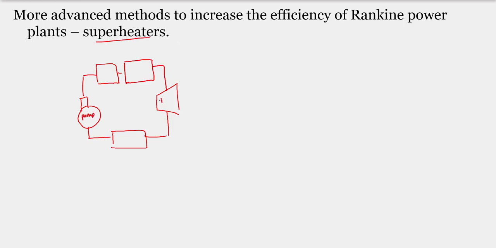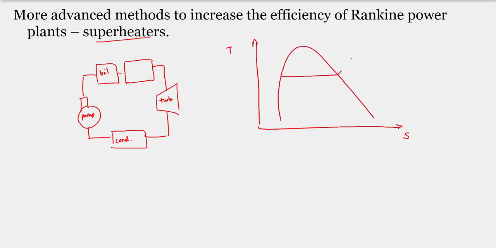Here's my pump, here's my turbine, here's my condenser, here's my boiler. On my basic temperature entropy diagram, we had 1, 2, 3, 4, and again, this is going to be the entrance state to the turbine.